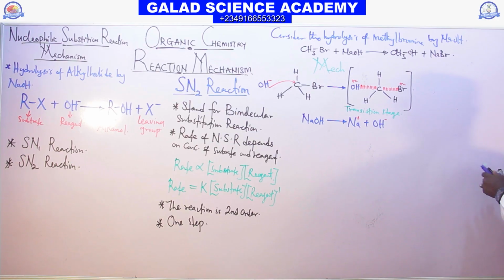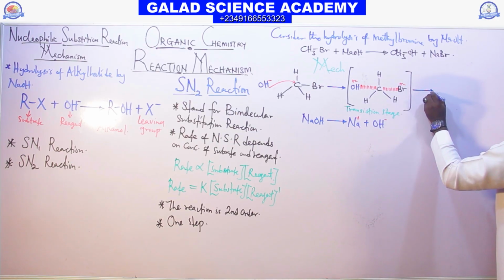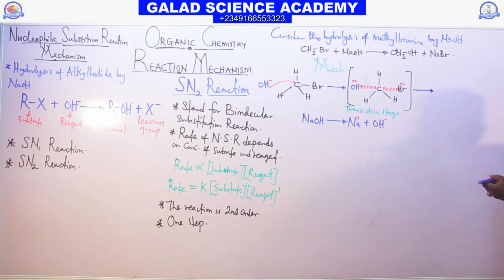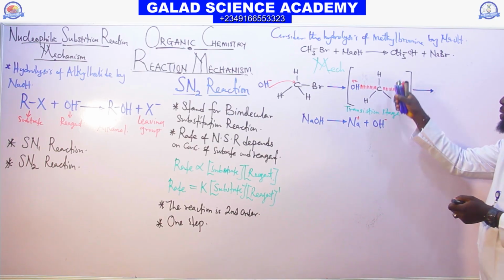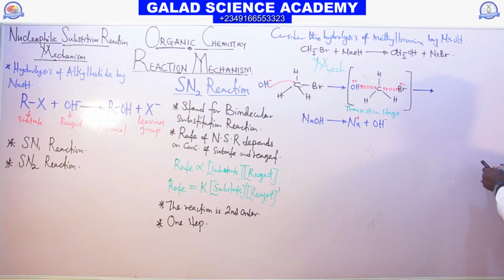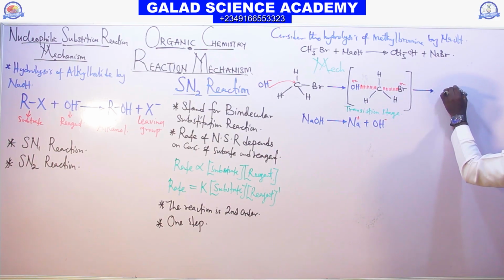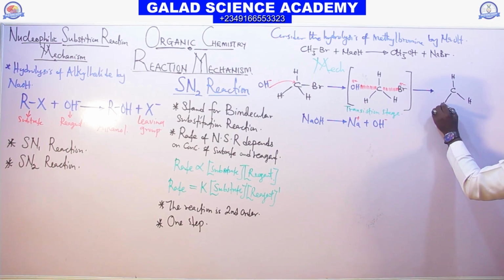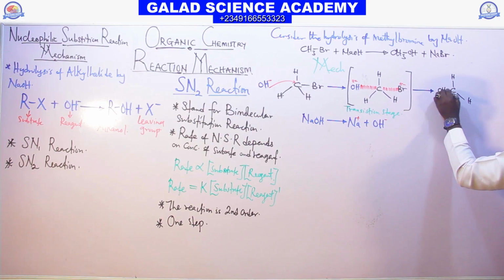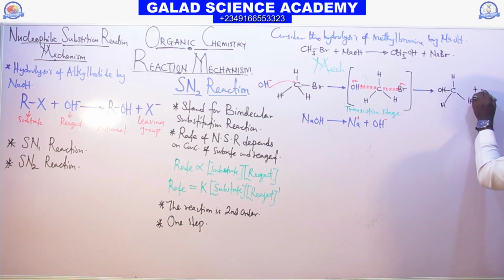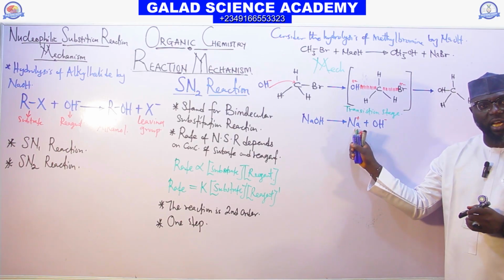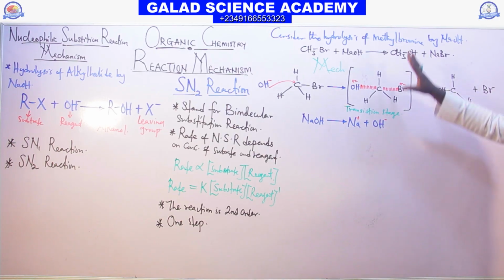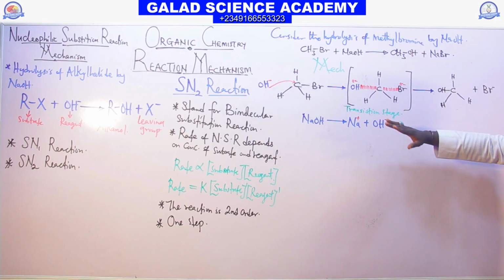I'm using the blue marker for the arrow. So this bromine is the leaving group, and the OH replaces it. We have H, H, H, and at this side we have OH, plus the Br. So the Br will later react with sodium hydroxide there. So that is the SN2.